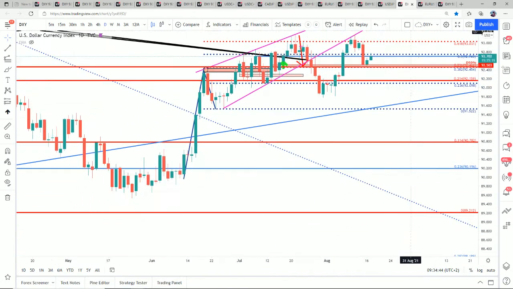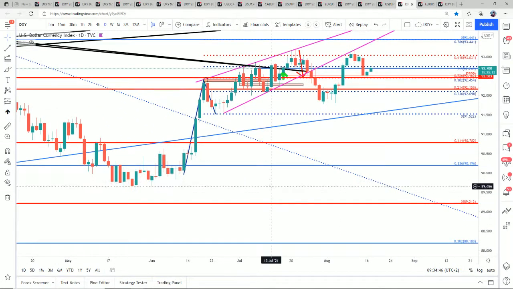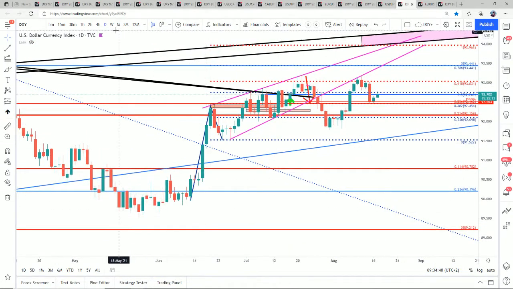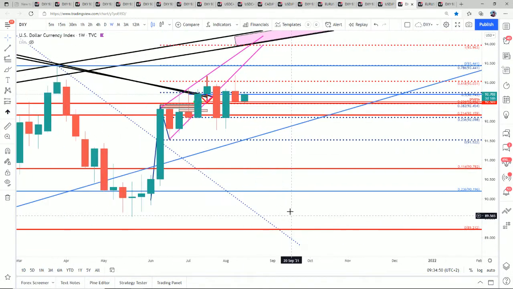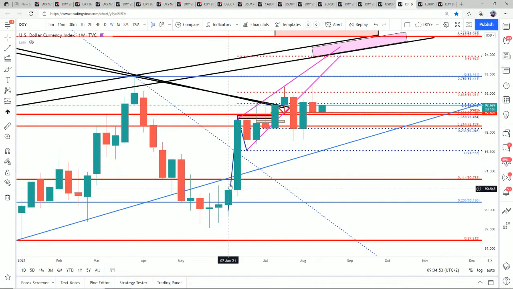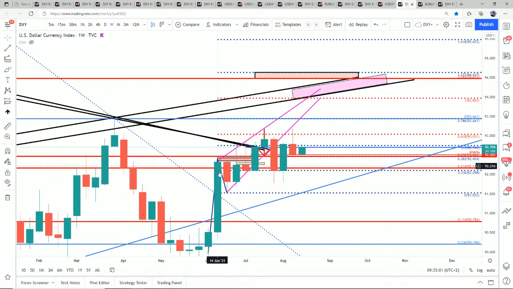The reason why is this impulsive move up we had. I already said it many times, but such an impulsive move up, you see we have been struggling there, then we started to move and we have this big impulsive move up. This one should normally lead to test at least the 1-to-1 and perhaps the 1-to-72 extension.